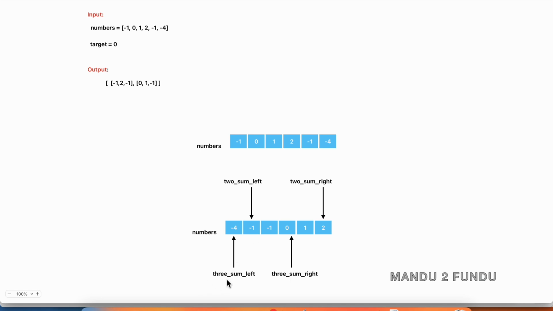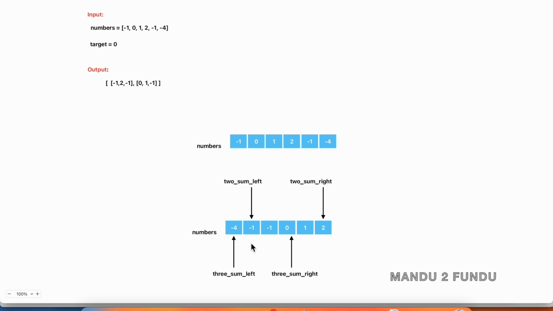For each iteration, we process the elements starting from the three-sum left plus 1 till the end of the array, and try to find two numbers which add up to the negative of the number pointed to by the three-sum left. In this case we have -4, and we try to find any two numbers which add up to 4. In this case there are none, so the first iteration doesn't give anything.